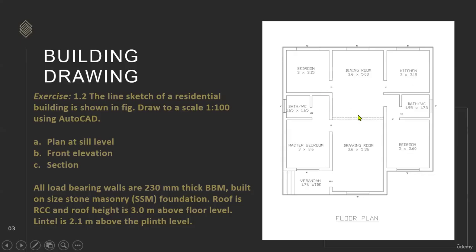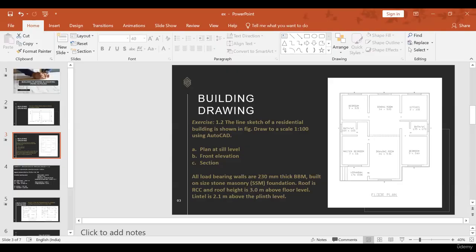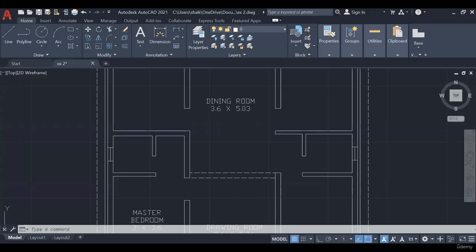Next, again I go to the bedroom. Bedroom 3 by 3.15, and kitchen also 3 by 3.15. I click here, copy this one, paste it here and edit it.